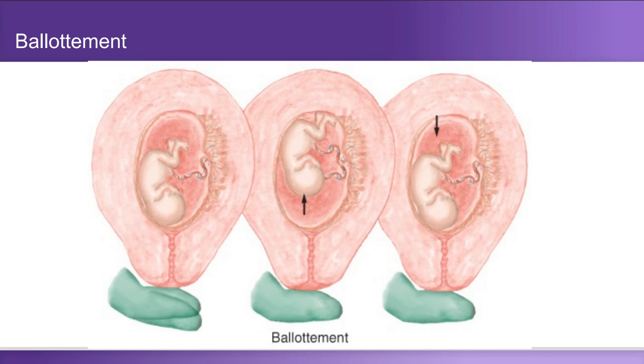So basically with ballottement, the provider taps the cervix, and if there's a fetus in there, the fetus will float upward in the amniotic fluid, and then it comes down, and the examiner can feel the rebound of the fetus coming down with their finger. Again, why someone is going around tapping a cervix is beyond my knowledge, but that's what we call ballottement, when the baby rises and then falls back and you feel that rebound with the finger. So I just wanted to go over those.